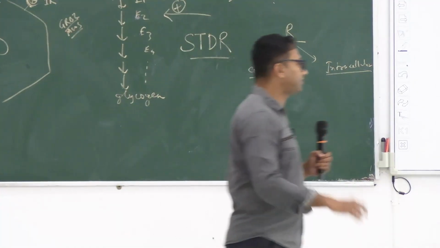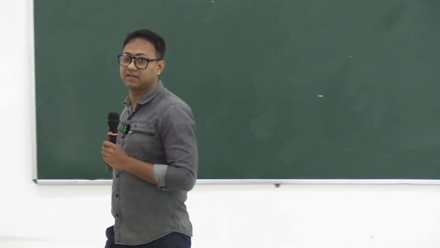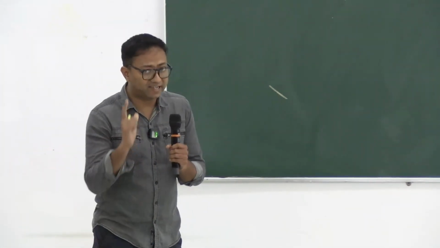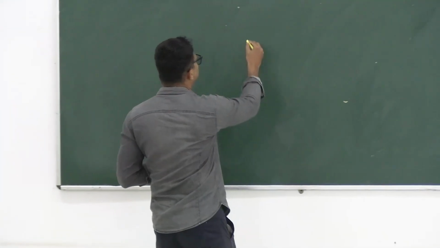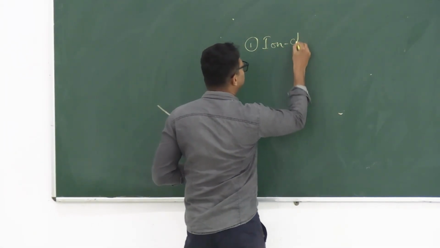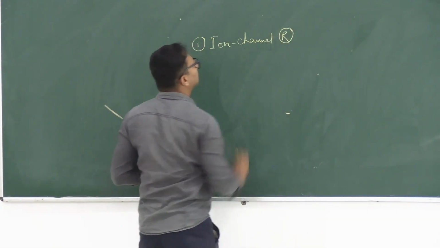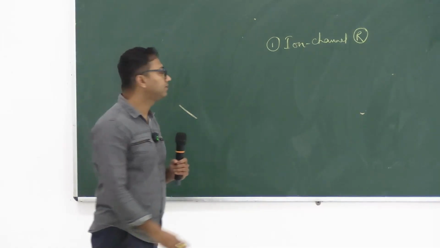Now come to cell surface receptor. Now I will discuss cell surface receptor. We classify cell surface receptor into few categories. One is ion channel receptor. ठीक है.